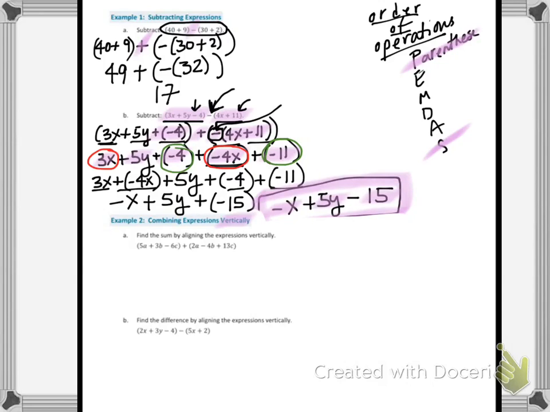Right now we're going to actually find the sum here of these two expressions by aligning the expressions vertically, okay, aligning them vertically, all right. And before we weren't doing that. Excuse me, what's up top here? We weren't doing that at all, okay. We were combining like terms, etc. But now we're going to do this all vertically, okay.